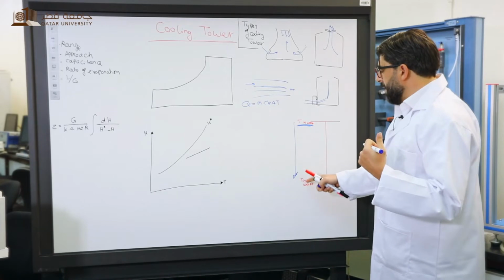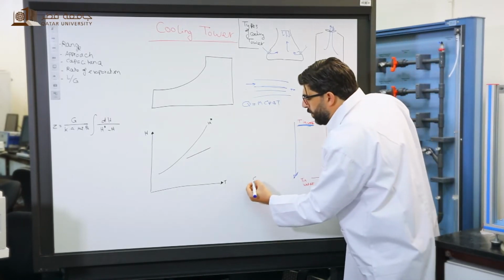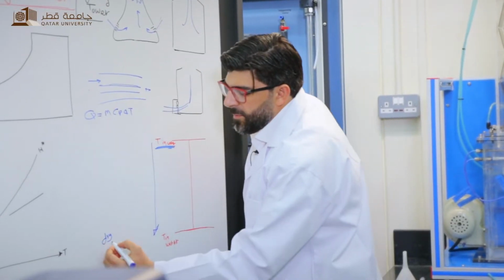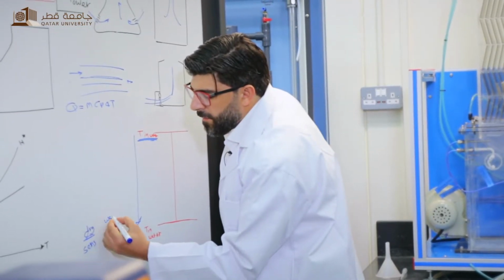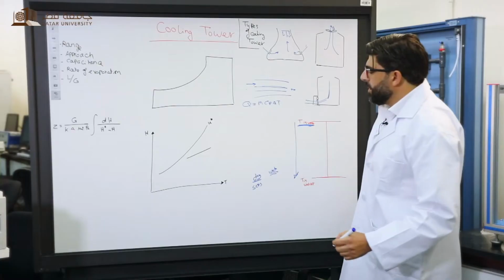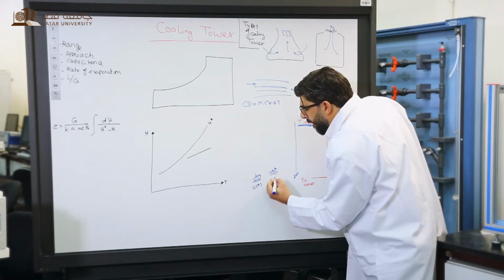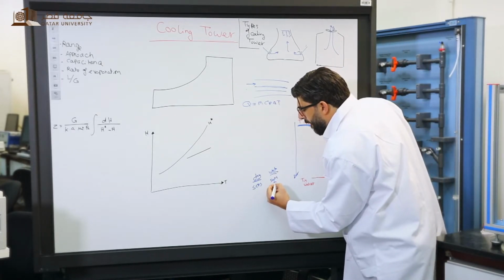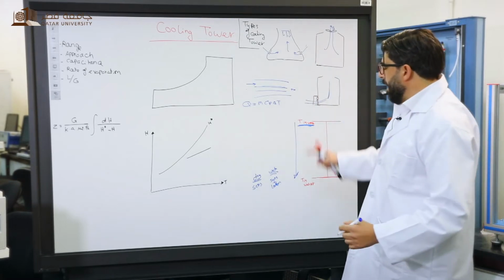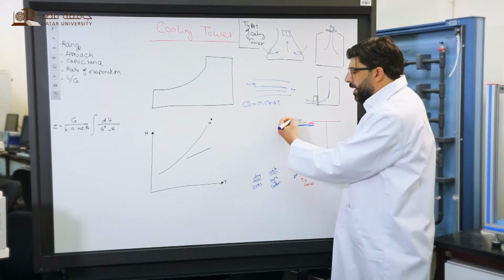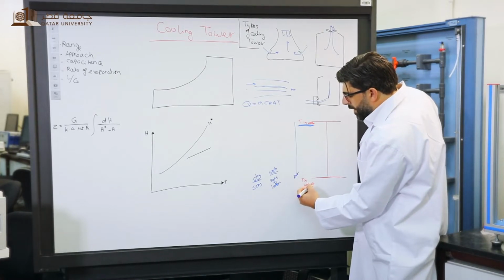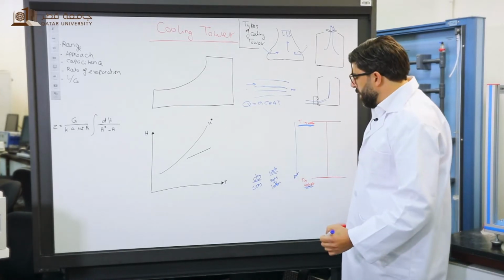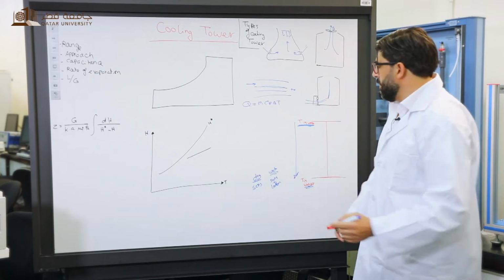So the dry bulb temperature represents the sensible heat, and the wet bulb temperature represents sensible plus latent. Again, the maximum cooling the water can reach is the wet bulb temperature, because this is the maximum it can reach.